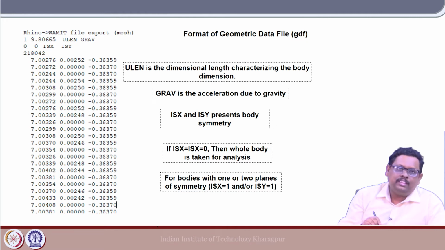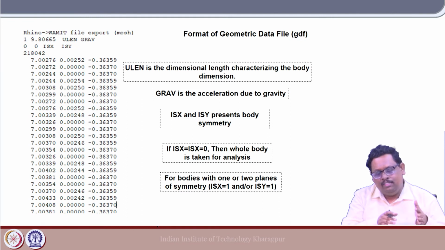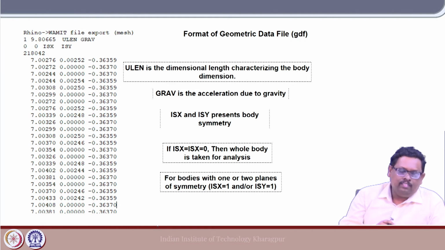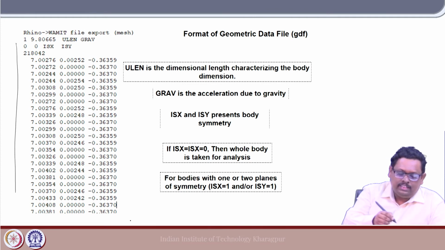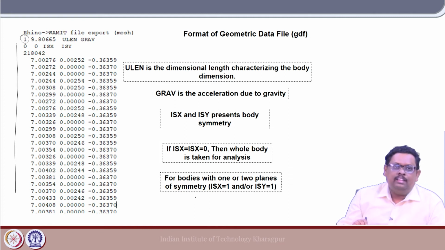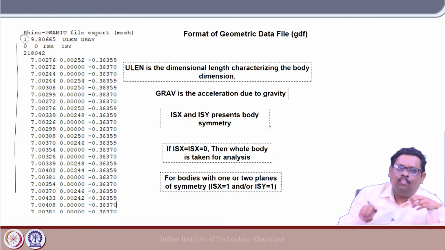Now, suppose you do not have Rhinoceros and you need to create the GDF file, .gdf, then how can you create it? You can use Notepad to do that. You need to remember this is the format of the GDF file. The first thing is ULEN, because WAMIT gives all the results in non-dimensional form.